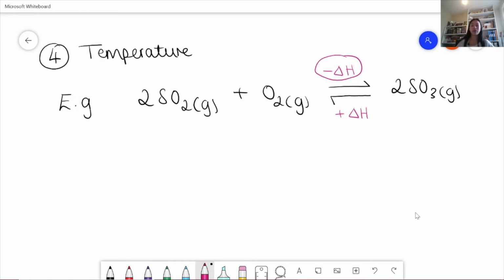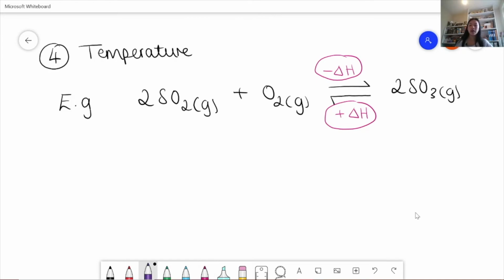And endothermic reactions have a positive enthalpy change, and they take energy in, so the surroundings are cooled. So if we increase the temperature, then the equilibrium by Le Chatelier's principle should work to decrease the temperature. So that means that it would favor the endothermic reaction because that would cool.